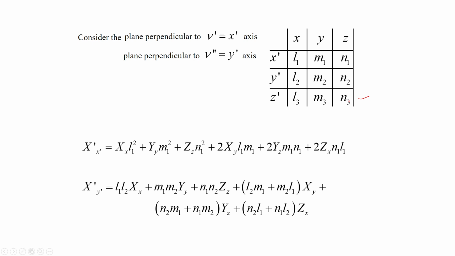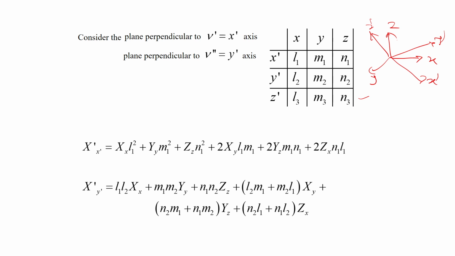So, we have this coordinate system x, y, z in which the stresses are defined, and now we have the new coordinates x dash, y dash and z dash with these direction cosines.